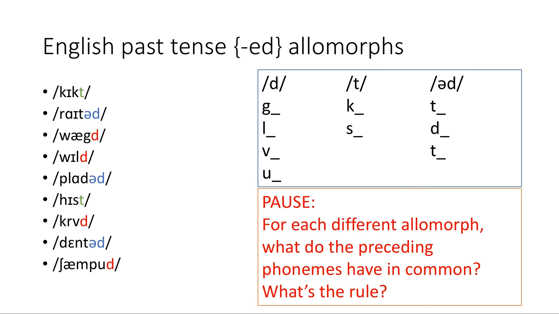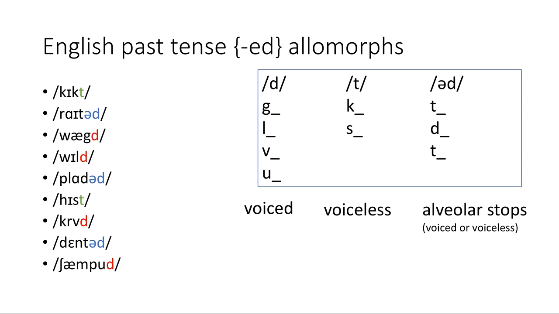Are you ready for the answer? So once again, it has to do with voicing, and also with the manner of articulation of the final consonant of the word that the morpheme is attaching to. So in this case, we're not dealing with sibilants.